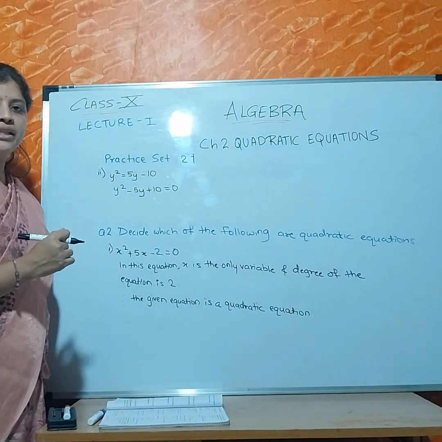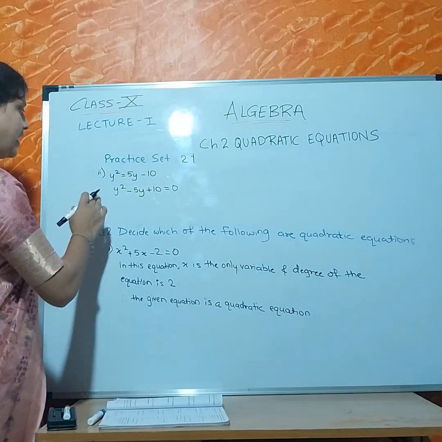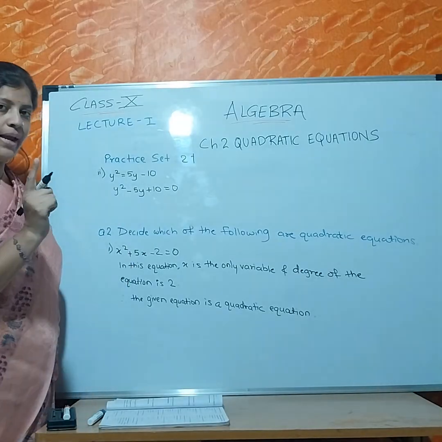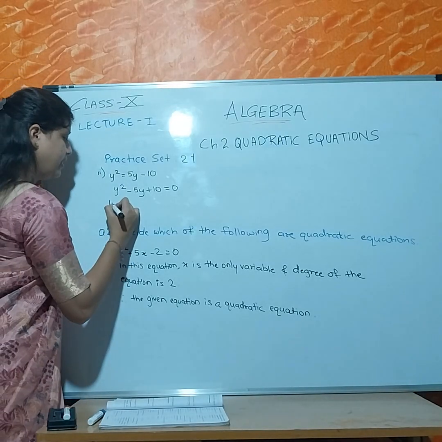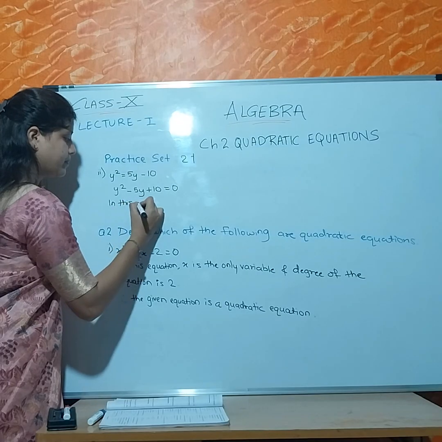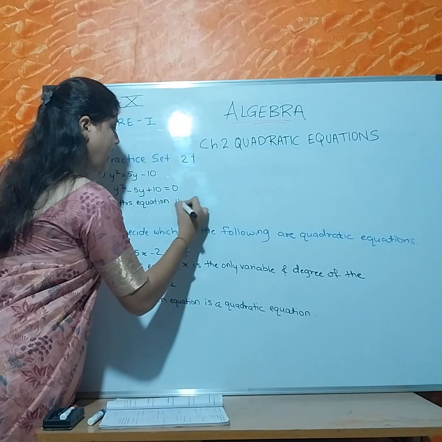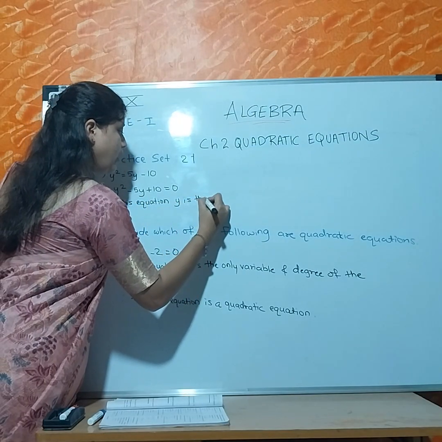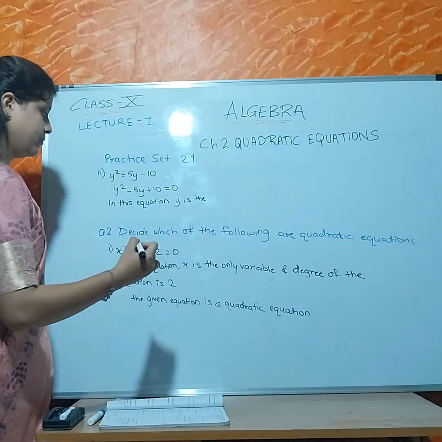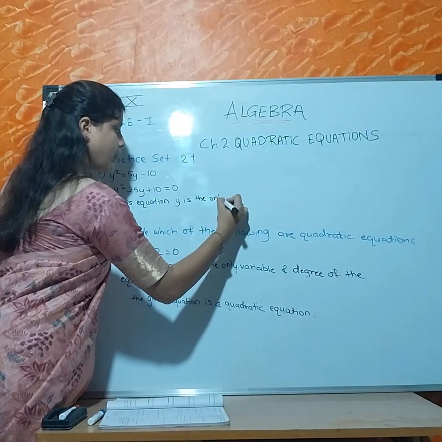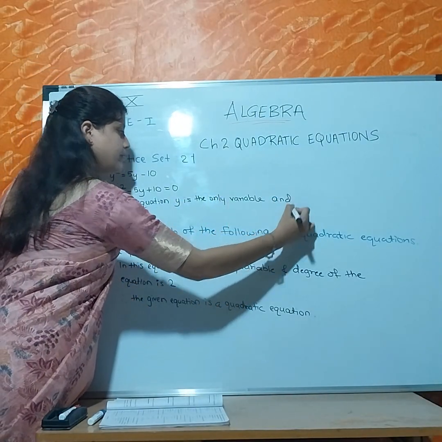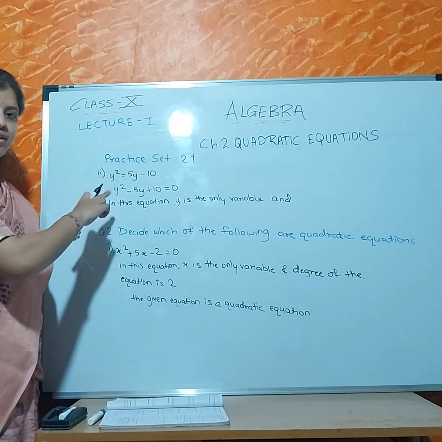Compare this equation with the standard form. First tell me, there is only one variable y here. So in this equation, y is the only variable, and the degree in this equation is 2.